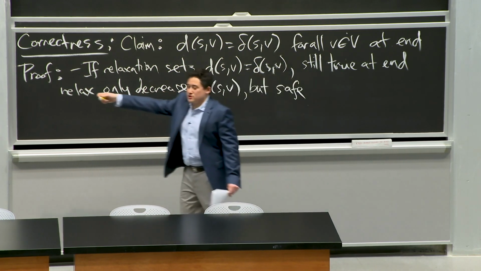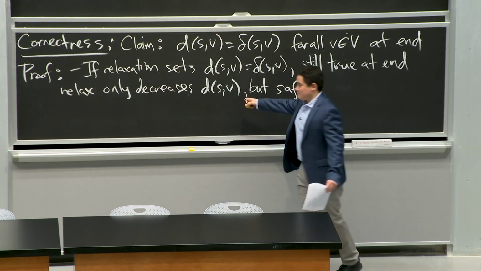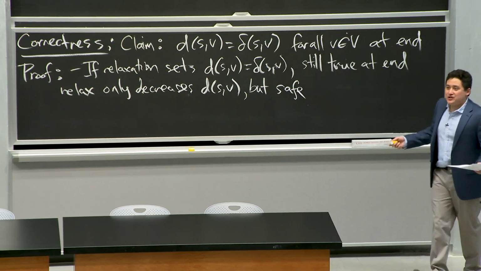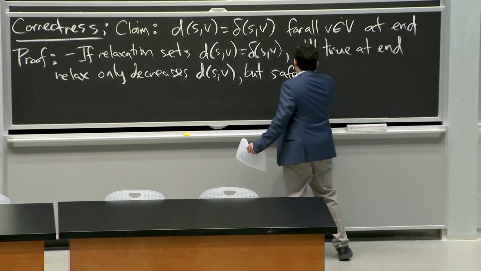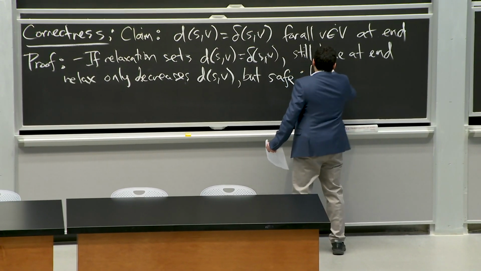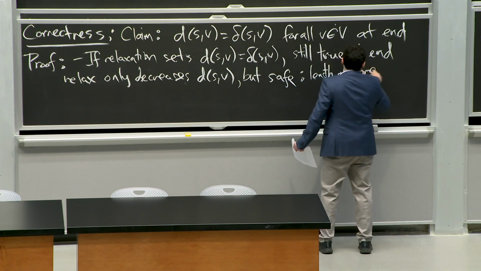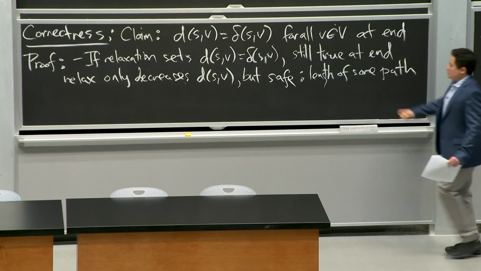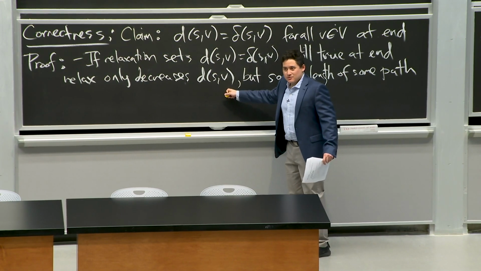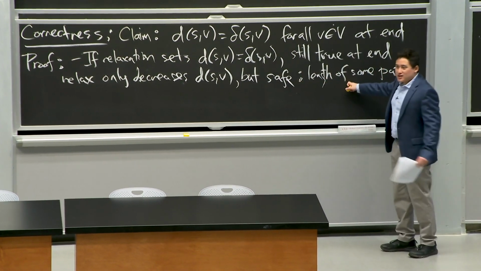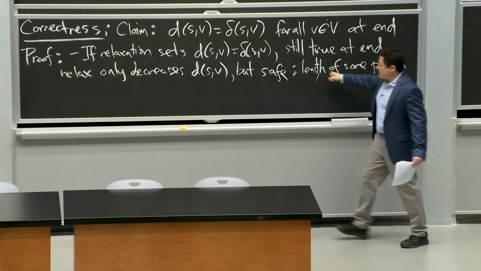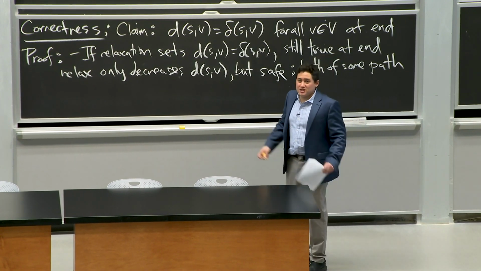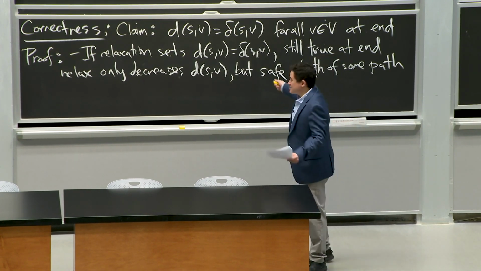There was never a path to my vertex, or it was the length of some path to v. Length of some path. Okay, so what does that mean? It only decreases, but it's always the length of some path to v, right? So if this is the length of the shortest path to v, I could never set it to a smaller length, right? Because there are no paths with shorter distance. That's kind of the whole point.